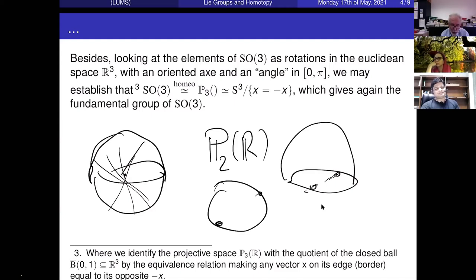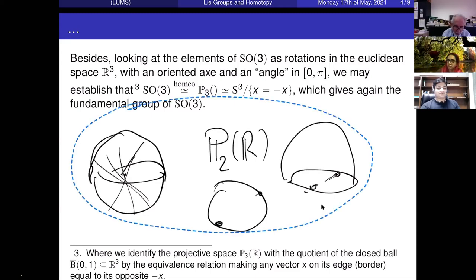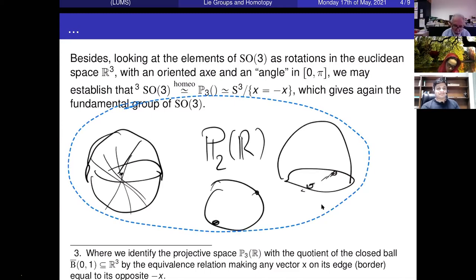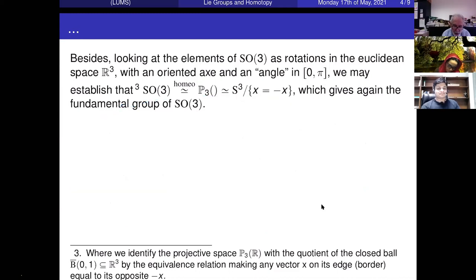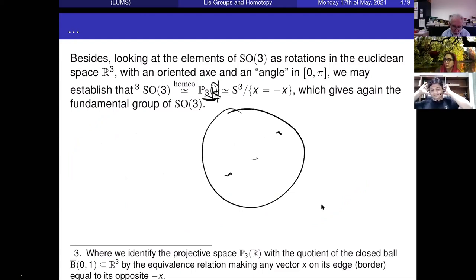So if you want to have P3, it's the same. You take a ball of dimension 3 of R. And that way, we will prove that it is the same as SO3.